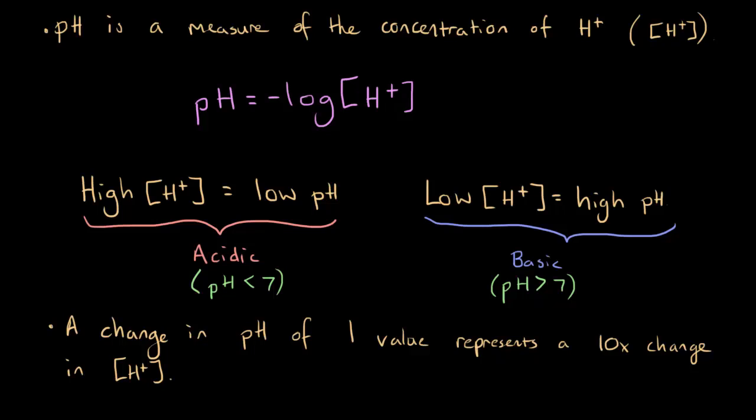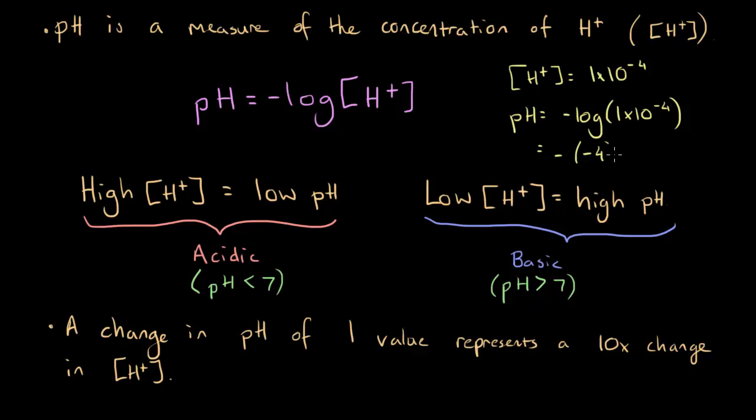The way that it is calculated is that pH equals negative log the concentration of H+, which is why if I have concentration of H+ equals 1 times 10 to the power of negative 4, I'm able to go pH equals negative log of this number, and thanks to the way that logs work, that's the way of saying negative 4, which is this to the power of, which is equal to a pH of 4.